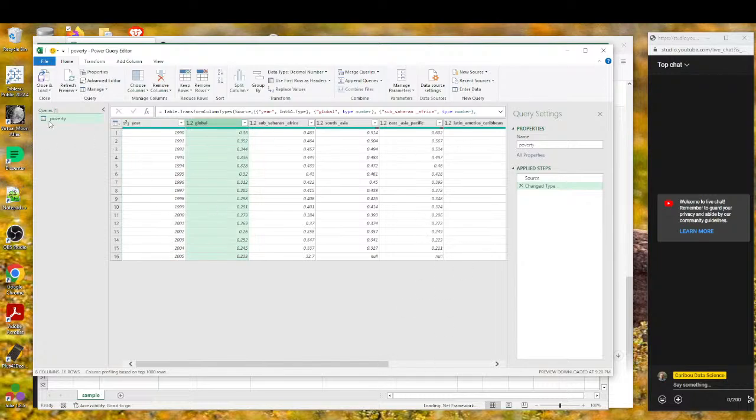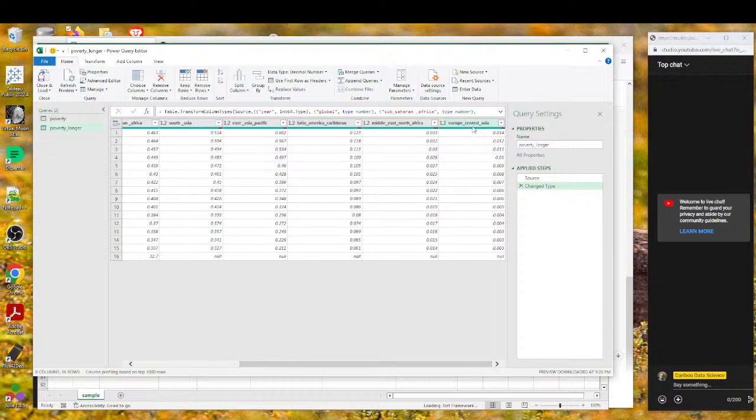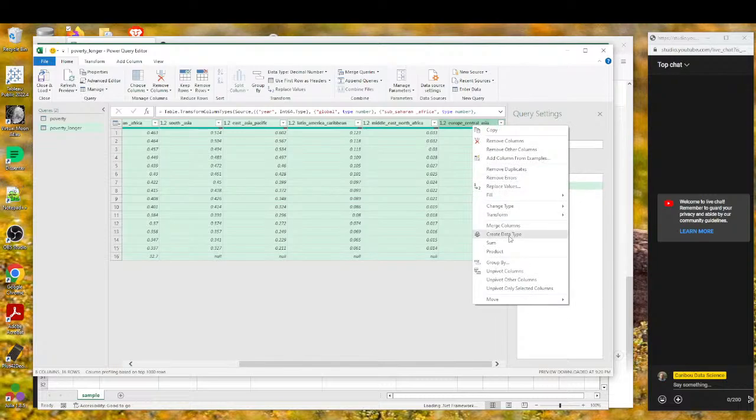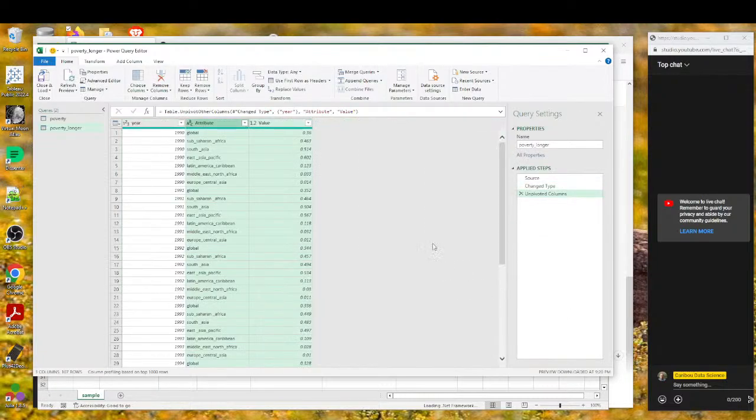Well, let's make a copy of this. Let's call it, I don't know. All right. Let's try this. Okay, so now we have one row for each variable and for each value. So this is what?